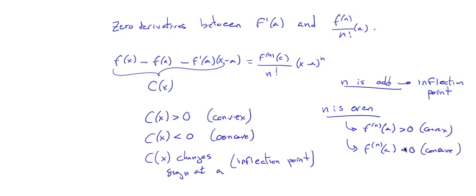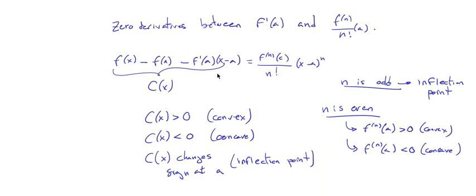So let's see. If we also have that the derivative is 0, right, which means that the tangent is flat, then for odd n, it doesn't change, it's still an inflection point. But for n even, then the point is going to be an extremum, right?